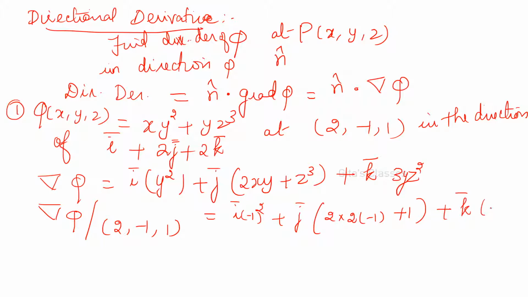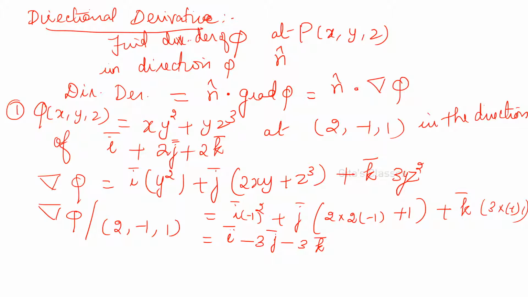Plus k into 3 into minus 1 into z squared, which is also 1 only. So this will be i, then here 4 minus 4 plus 1, so minus 3j, minus 3k. This is our del phi at the point.